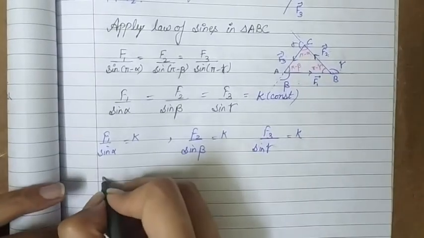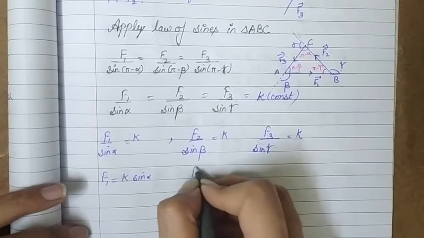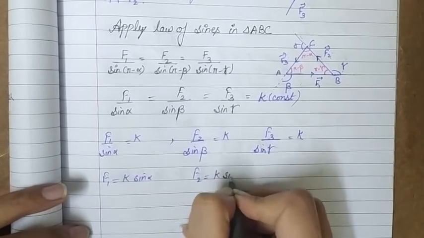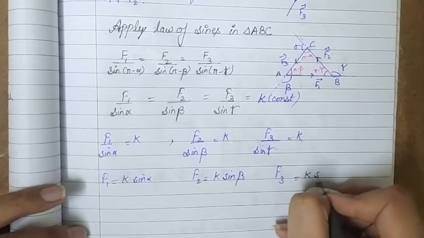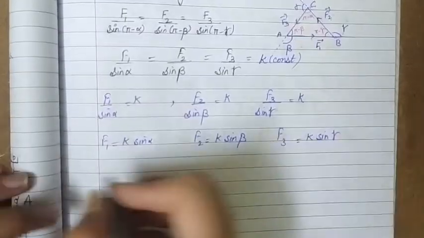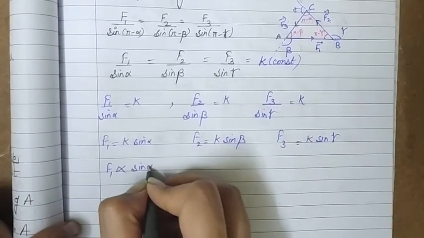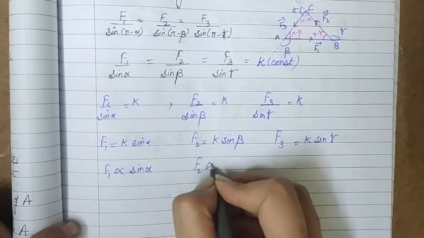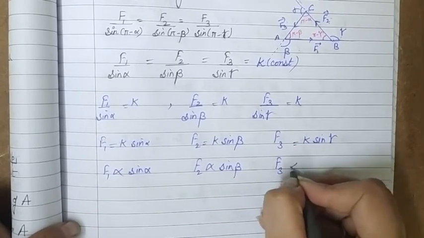That means F1 is equal to k sine alpha, F2 is equal to k sine beta, and F3 is equal to k sine gamma. Since k is a constant, so I can write F1 is proportional to sine alpha, F2 is proportional to sine beta, F3 is proportional to sine gamma.